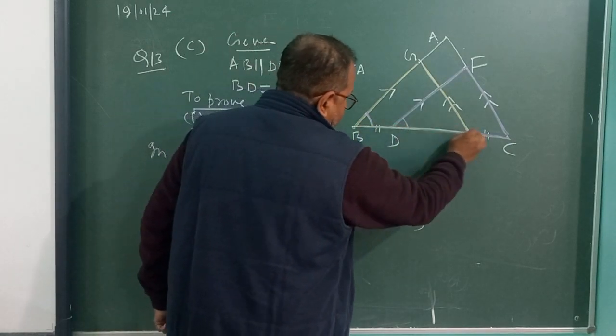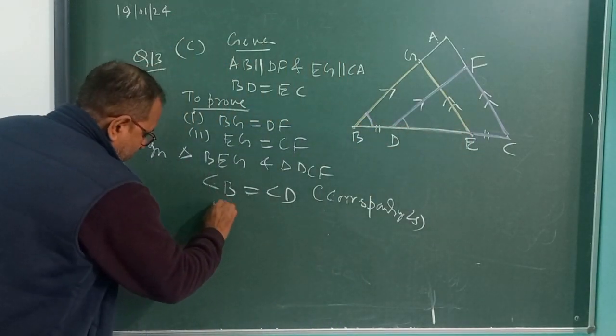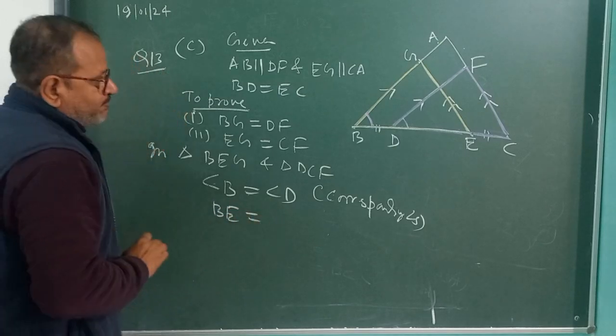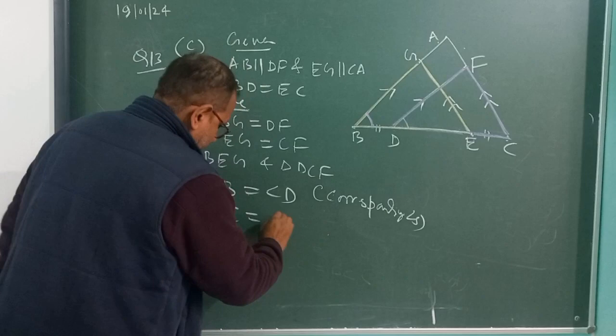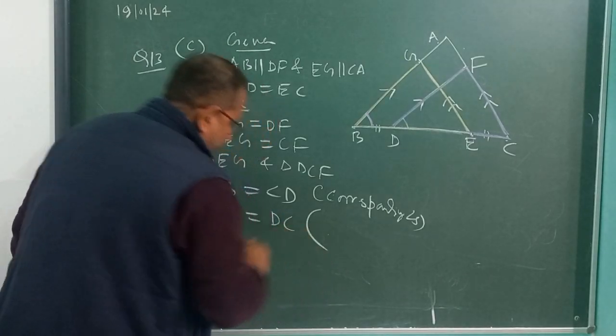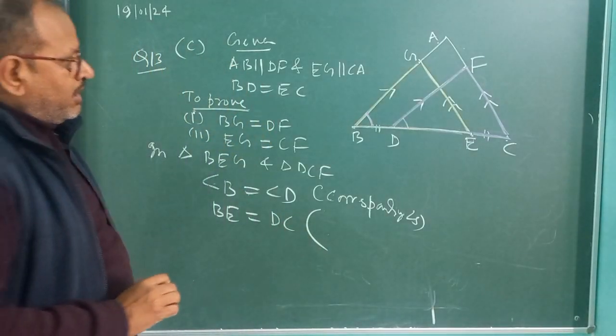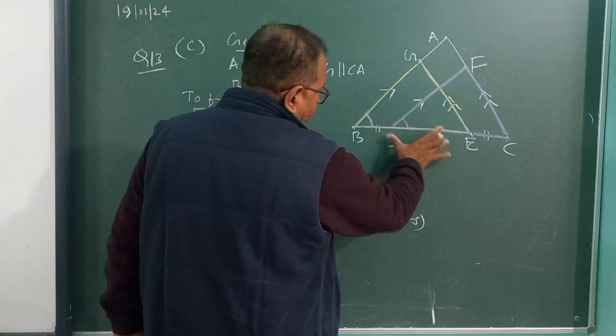Side BE will be equal to side DC. How is BE equal to DC?